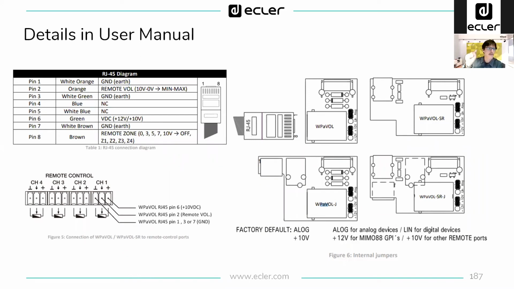Keep in mind another detail: WPA vol also comes configured for the simpler devices like CA amplifiers or other devices. For the more clever men, we are the EclerNet men, we have to change jumpers. You have to remember to change jumper number 1 for digital devices, and jumper number 2 because in MIMO we are using 12 volt.